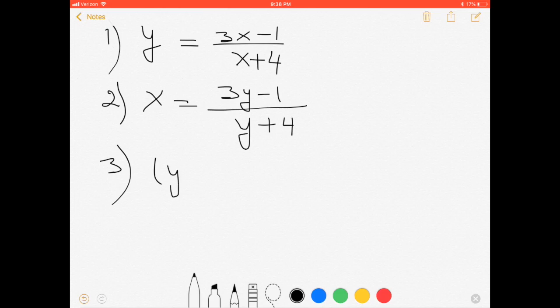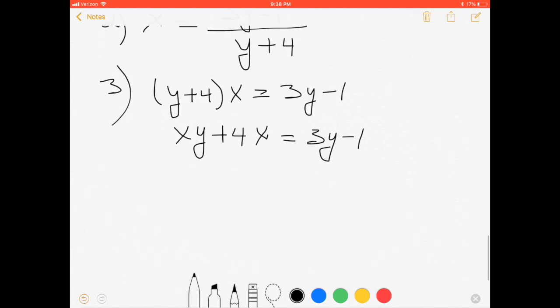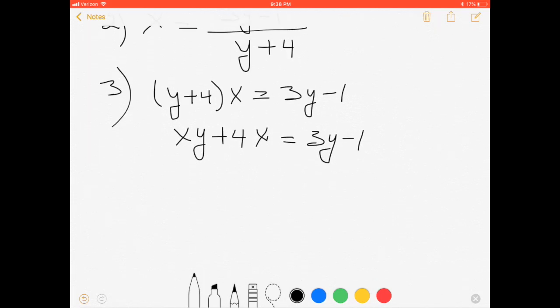We multiply both sides by the denominator, distribute, and collect everything on one side.